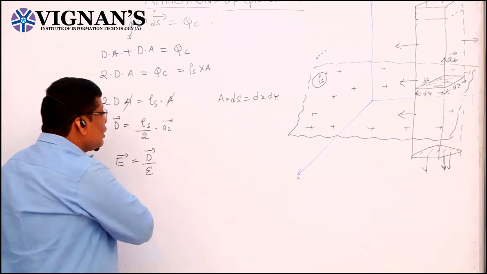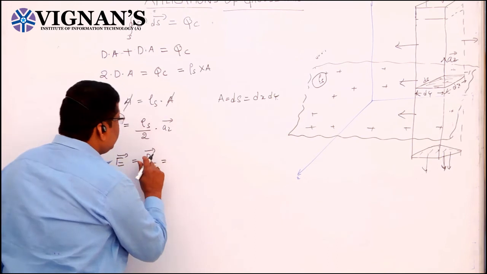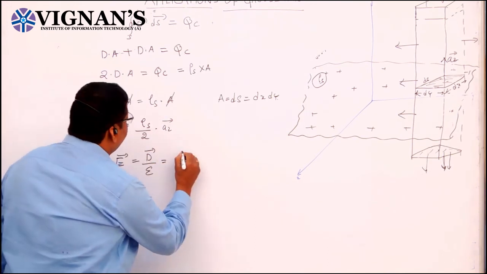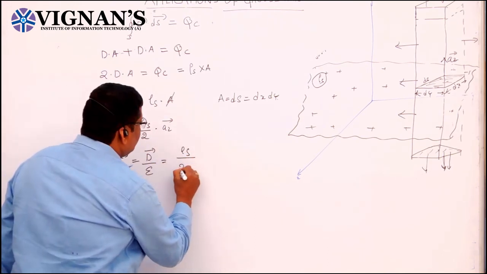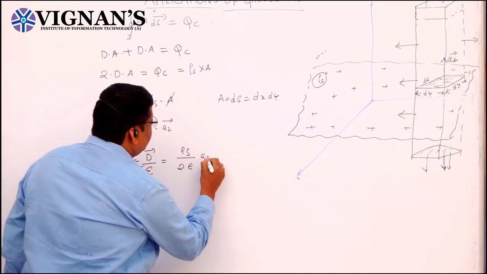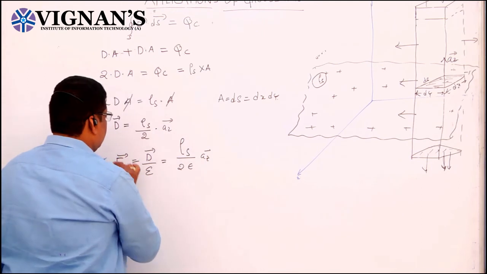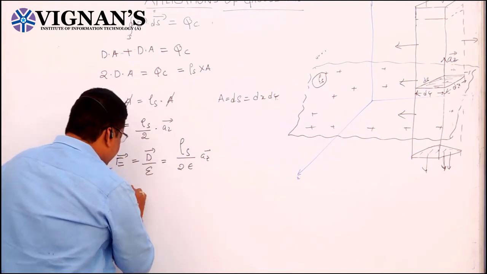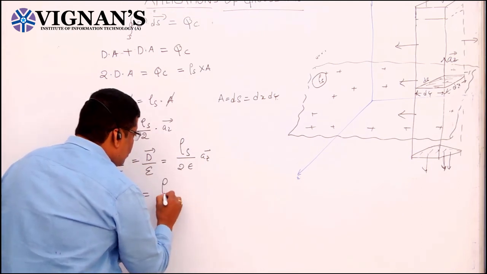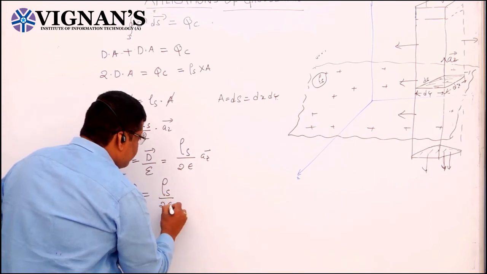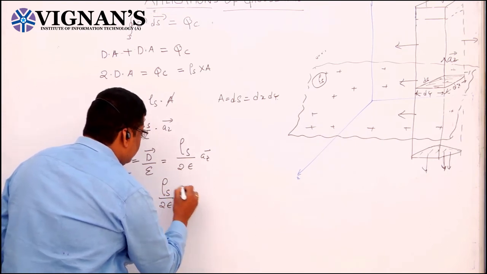Now in place of D bar you substitute this value, rho s by 2 epsilon Az bar. Finally you can write E bar equals rho s by 2 epsilon Az bar.